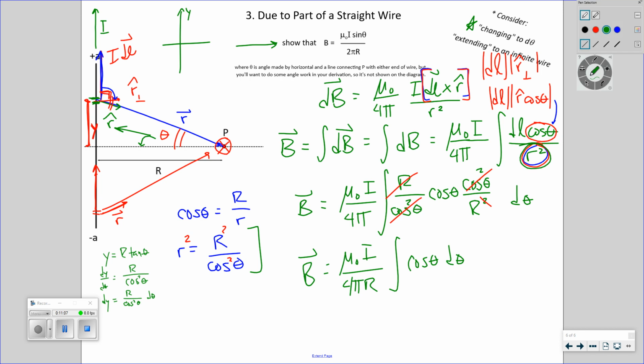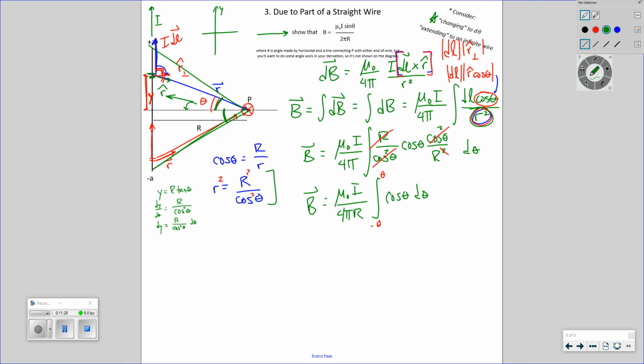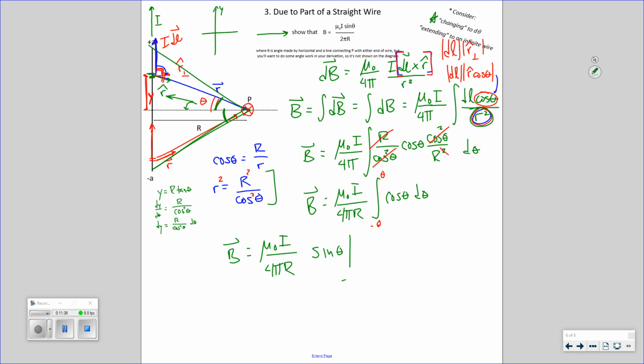All right, and we can say that these angles vary from a negative theta down here to a positive theta up here. So there are our limits of integration. We're going to get that B is mu naught I over 4 pi r times sine theta from negative theta to theta. So that's sine theta minus sine of negative theta.